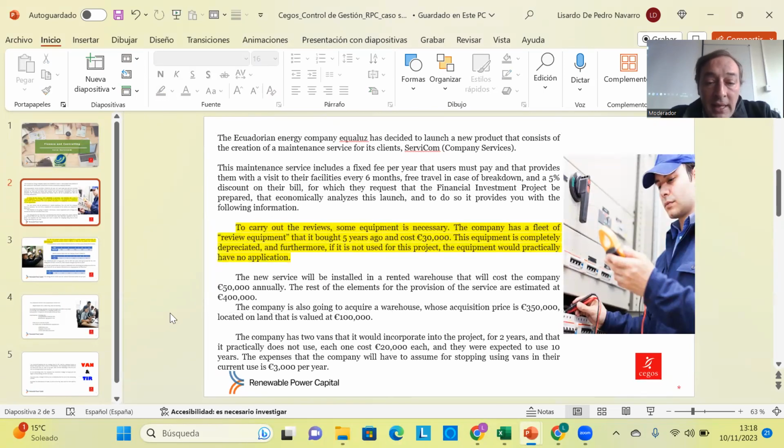The new service will be installed in a rented warehouse that will cost the company 50,000 euros annually. As it's a rent, we are not going to use it in the absorbed funds. It's going to be a general fund in negative. The rest of the elements for the provision of the service are estimated at 400,000 euros.